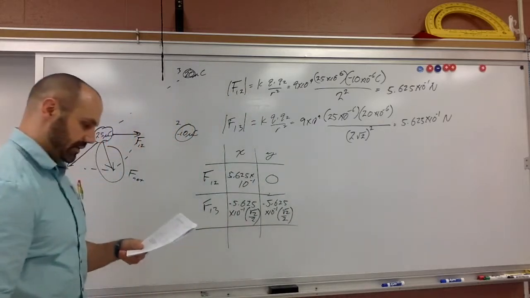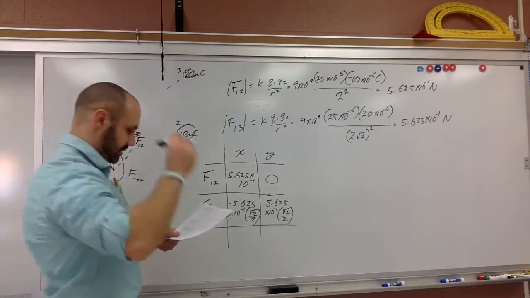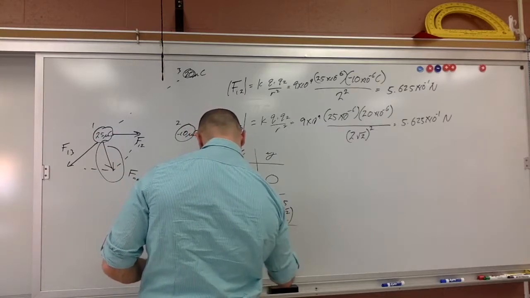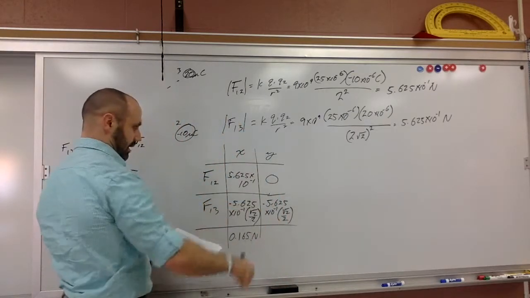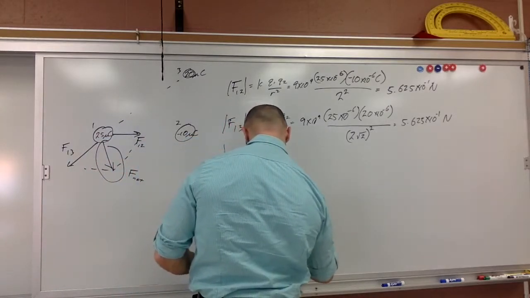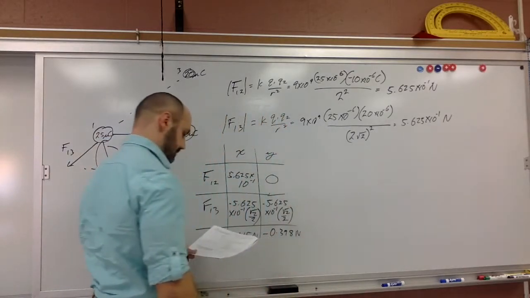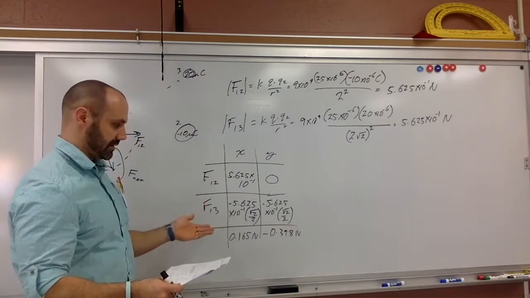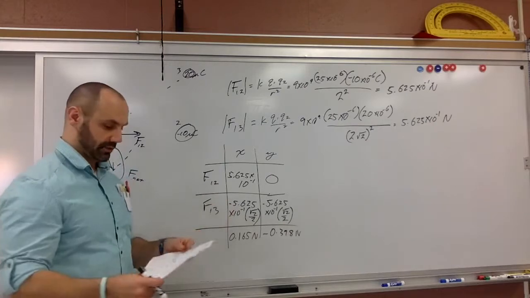Okay, so I add those up, and this comes out to 0.165, and the net vertical force is negative 0.398 newtons. An easy way of expressing this now is to use unit vector notation.